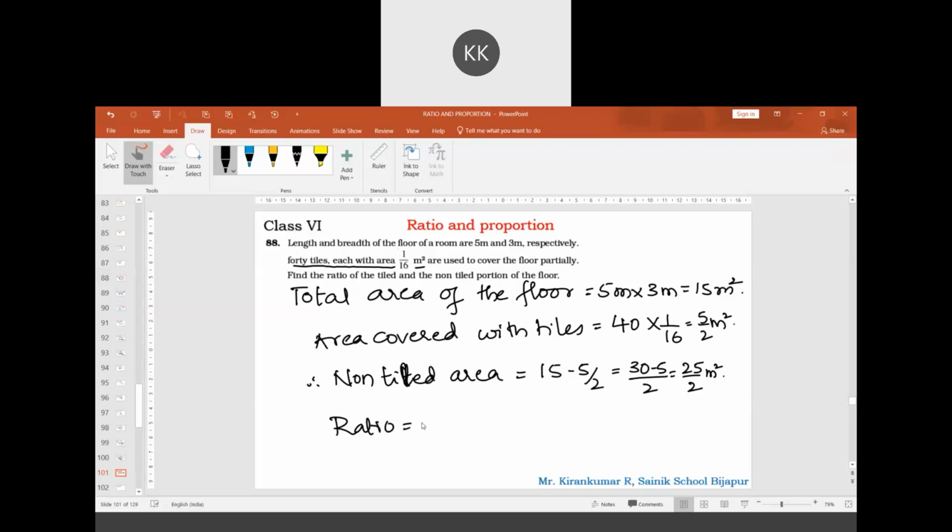Therefore, the required ratio is 5 by 2 divided by 25 by 2. The 2 and 2 get cancelled. 5 ones are 5 times 25, so 1:5. Such a simple question.